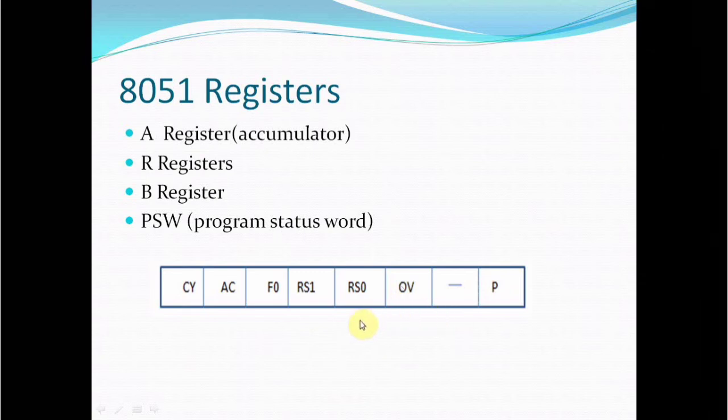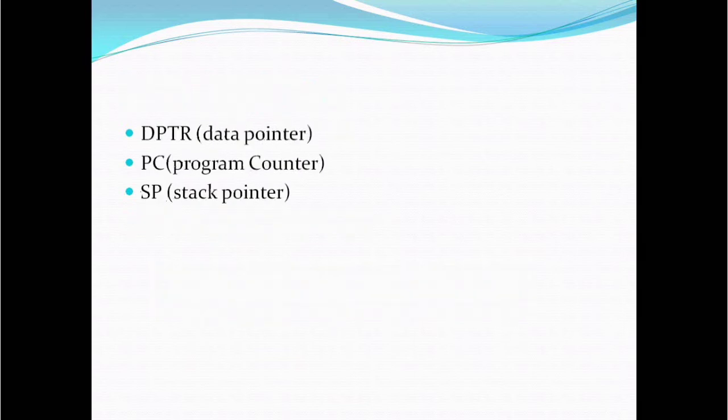Along with that, there are two bits, RS0 and RS1, and these two bits are used to select a particular register bank. So this is the format of the program status word. We will discuss the PSW in detail in a separate video.